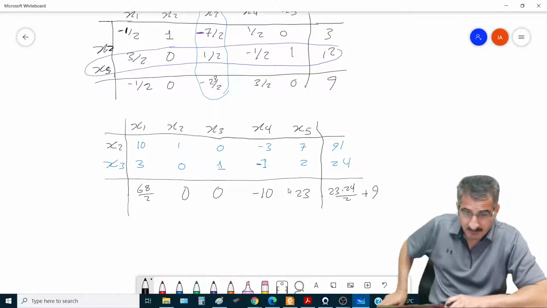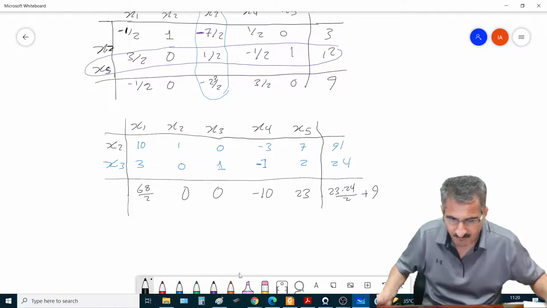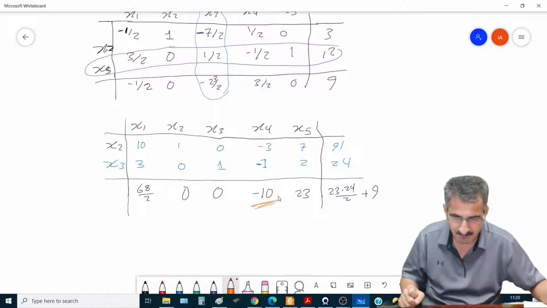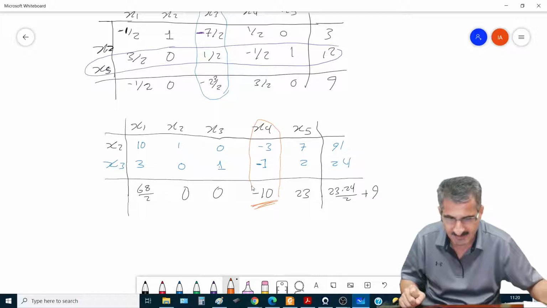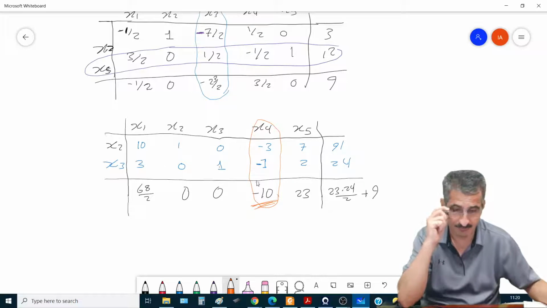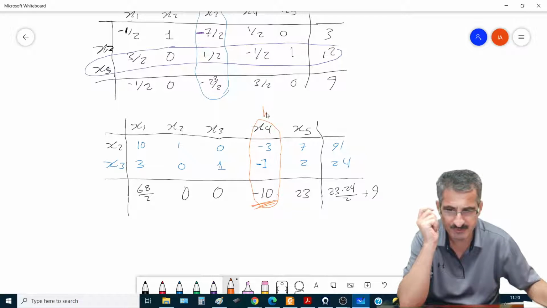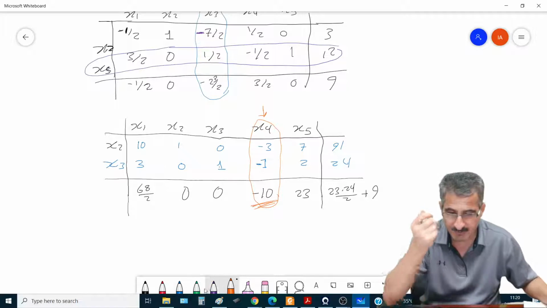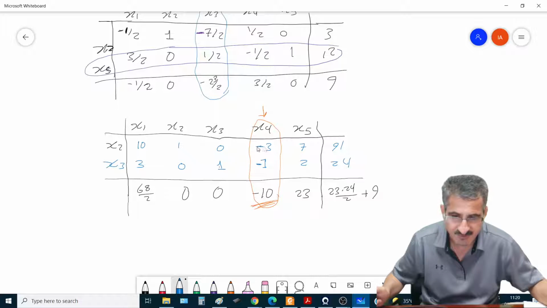Okay, now we look at the objective row. We have -10 in here. This is the smallest one. So we are thinking to take this as the pivotal column, and this to be the entering variable. We will not be able to do so because we have negatives in this column.